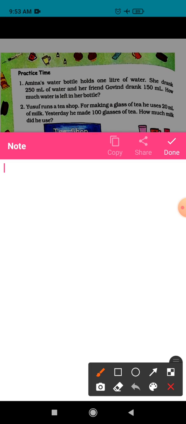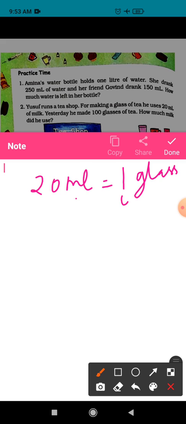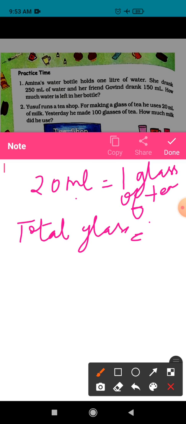Now let us see what are the things given. You know that 20 ml of milk is used for making 1 glass of tea, and total glasses are 100. Now you have to tell how much milk he used.